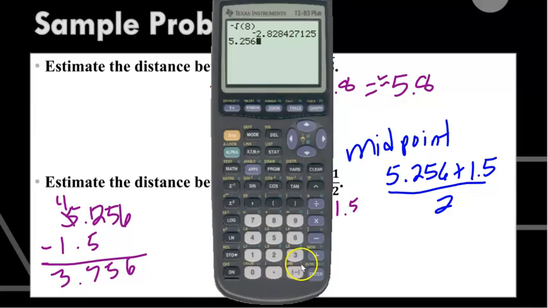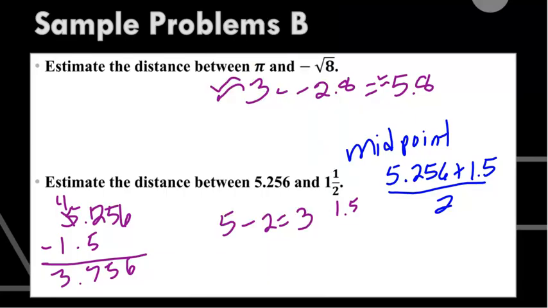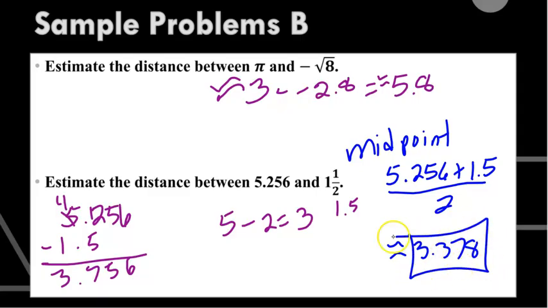We're going to be adding 1.5 to it. That gives us 6.756. Divide that by 2. And that gives us an answer of 3.378. And that would be the midpoint between those 2 points there.